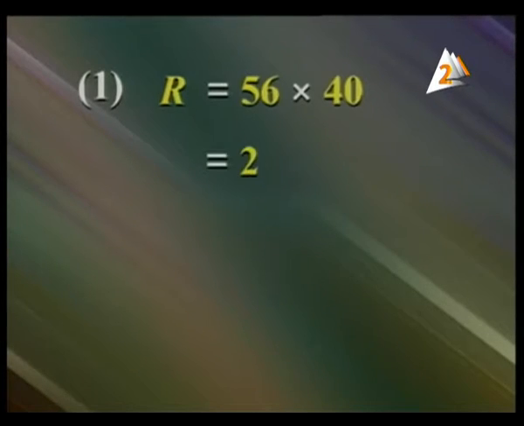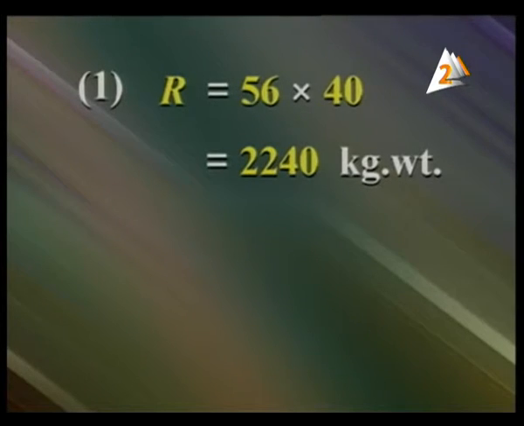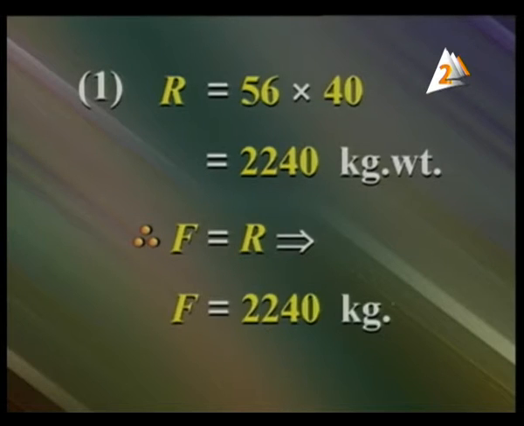Number 1. R equals 56 times 40 equals 2240 kilogram weight. So F equals R. Then F equals 2240 kilogram weight.